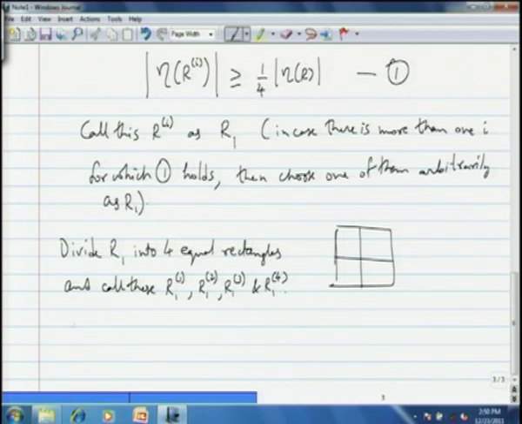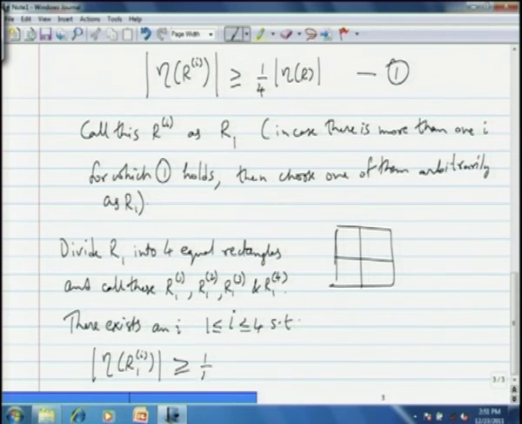Once again, for the same triangle inequality reasons, there exists an i, 1 ≤ i ≤ 4, such that the modulus of η(R_1i) is at least 1/4 of the modulus of η(R_1) this time.